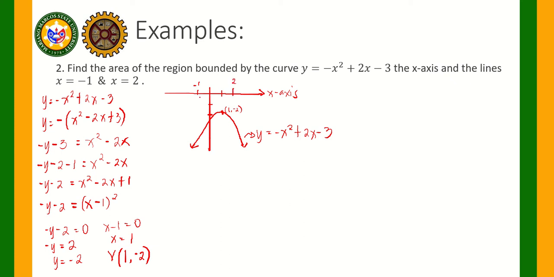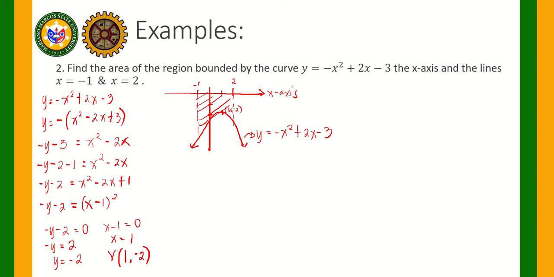And yung 2 natin will be this one. So, ito yung kukunin natin yung area. This whole part. Okay, so it is bounded by the curve, the x-axis, which is this one, and the lines negative 1 and 2. Okay, so yan yung kukunin natin yung area.